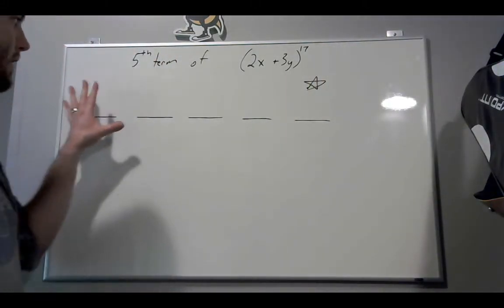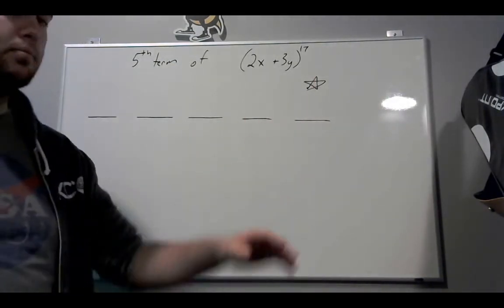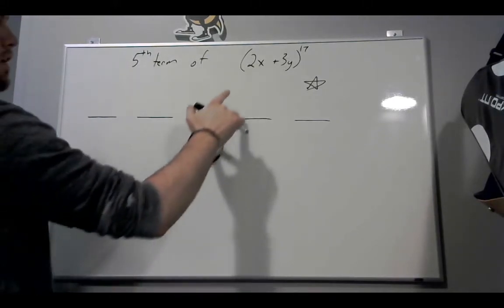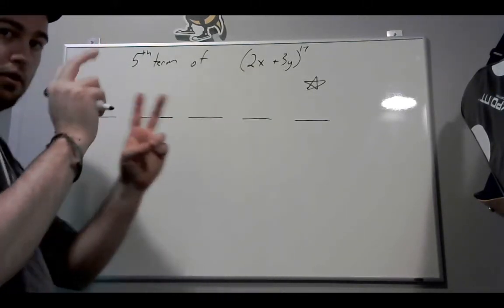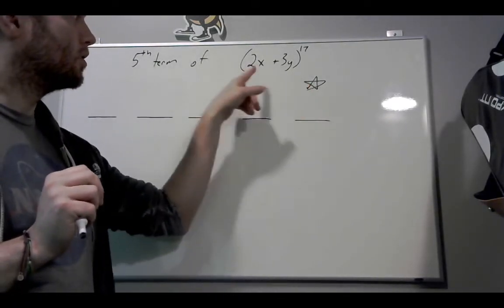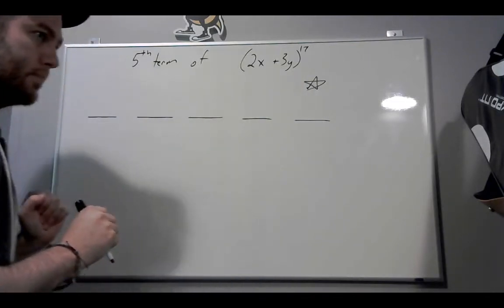So I don't need to fill out all of the information. I don't need to continue on and yada yada yada. So what I'm going to do is I'm going to start decreasing my exponent until I get to this one right here. So I'm going to take this first term and I'm going to decrease its exponent until I get to that fifth term.